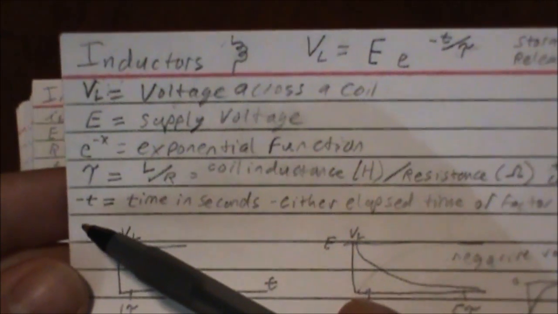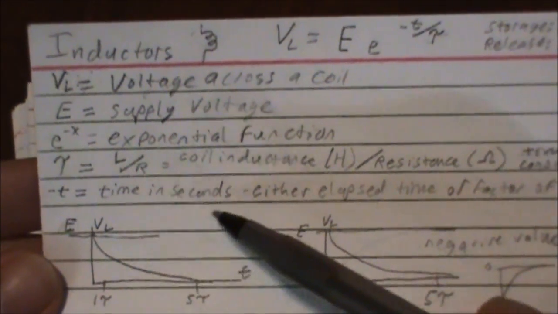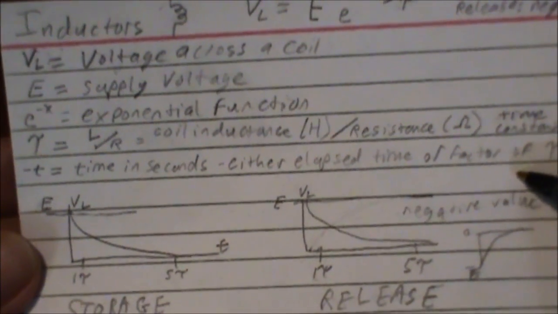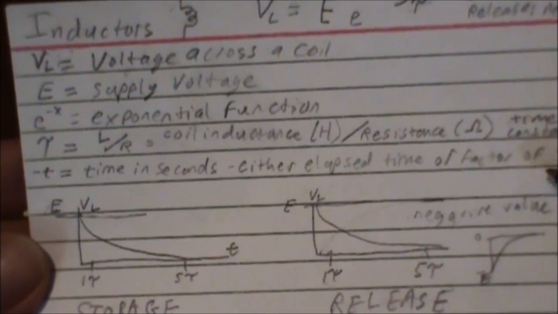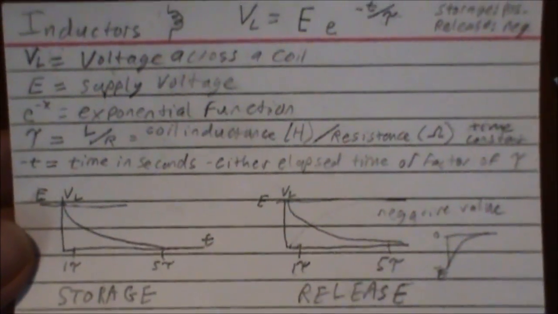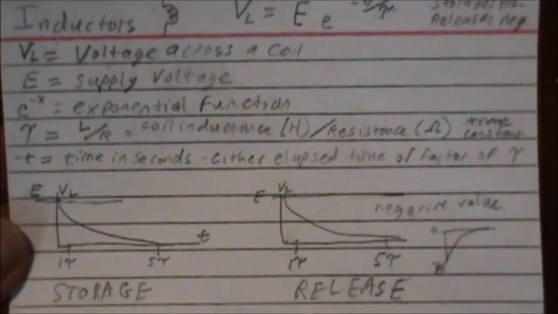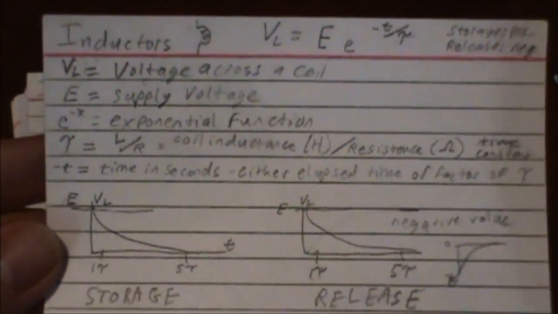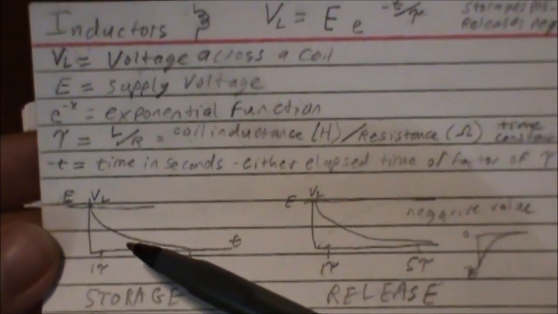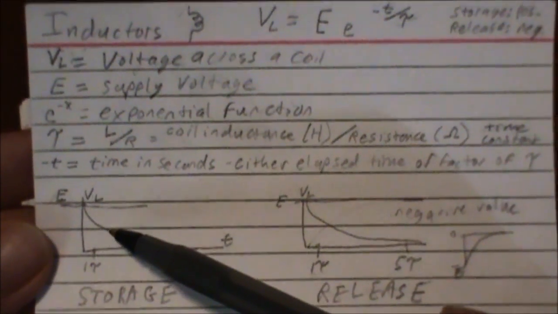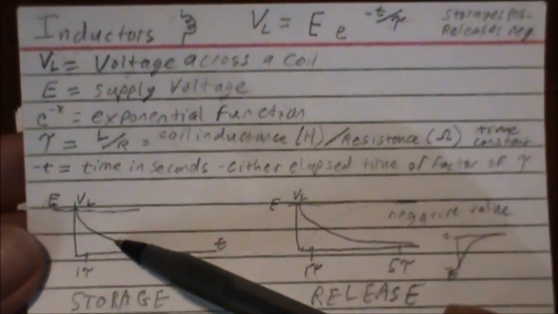And then this minus lowercase t is how much time in seconds will elapse, either the elapsed time that voltage has been applied to your coil, or some multiple of tau. For example, in about 5 tau, your voltage across the inductor, your V sub L, is going to drop exponentially.